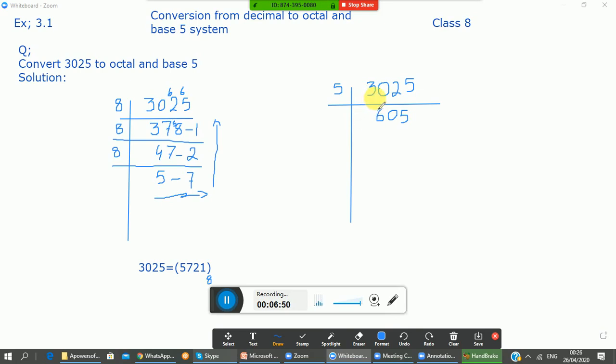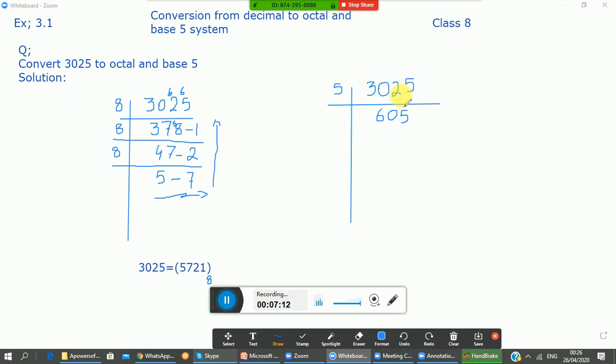Now join with the next digit, it becomes 30. So 5 6s are 30. Now 2 is lying between the digits, and this 2 is smaller than its divisor. 2 is smaller than 5. So 2 is not divisible on 5. So you will put 0 here.